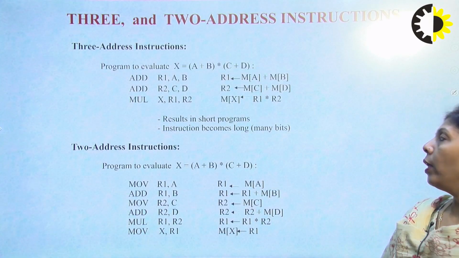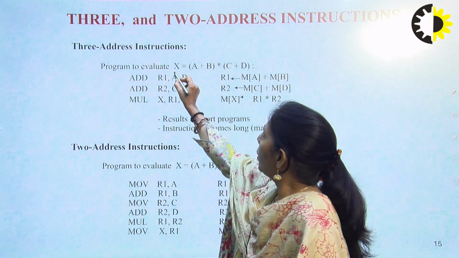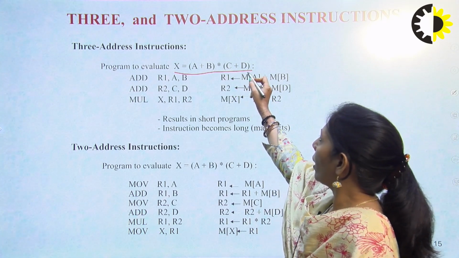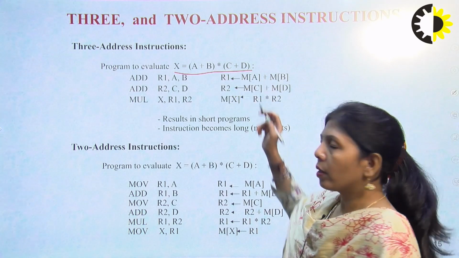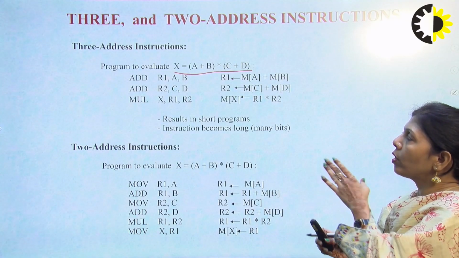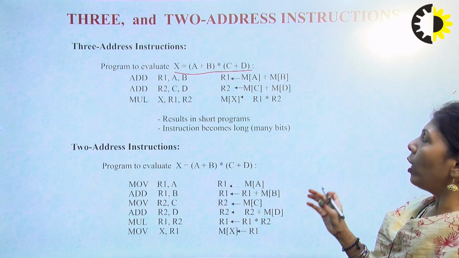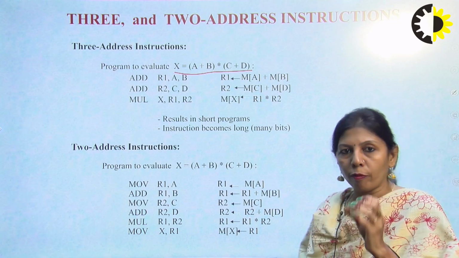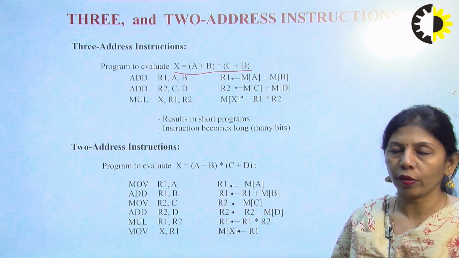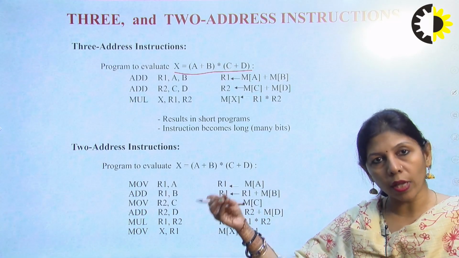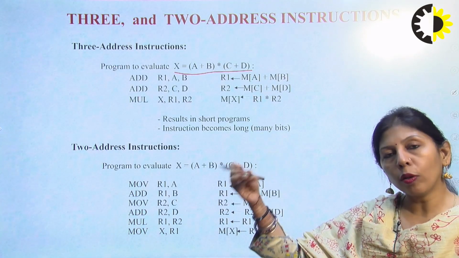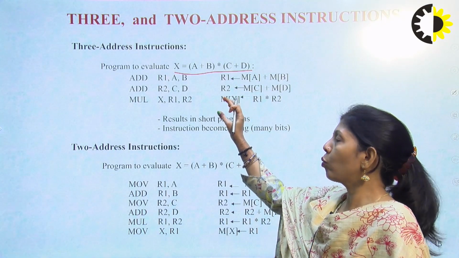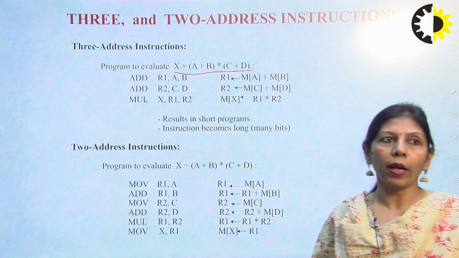So let's consider a simple example. Here a plus b is being multiplied by the result of c plus d. These are the operand values that need to be fetched by the ALU, with the help of the control unit signal, of course, that will use the instruction cycle, and by the fetch, decode, execute and storing method, it can fetch various values and then perform the add and multiply operations.